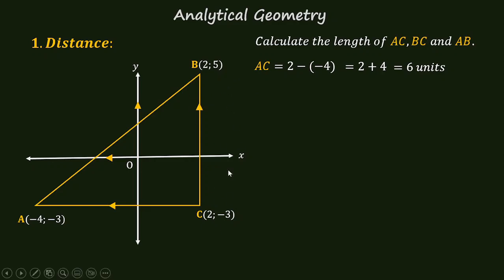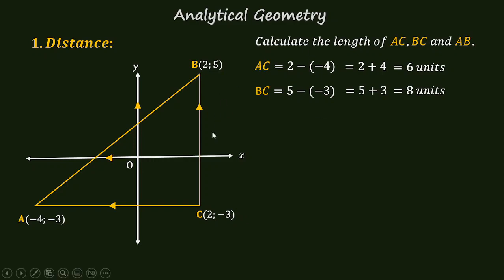So we are only going to concentrate on the values of the y coordinate. So subtract the smaller value from the bigger value. We have 5 minus -3, which is 5 plus 3. That gives 8 units.